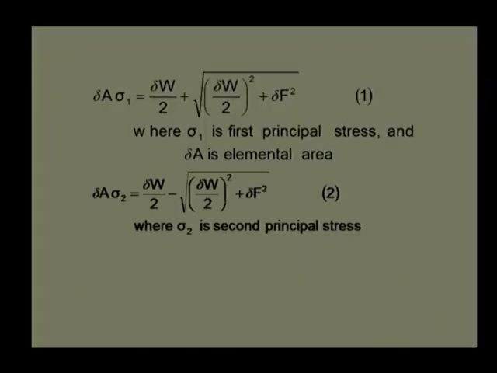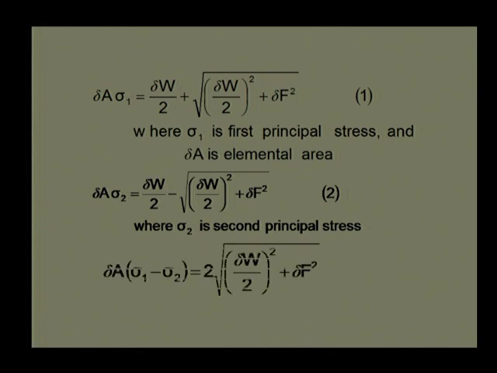Now, if I use the expression sigma 1 with a plus sign and sigma 2 with a minus sign, I will get a relation something like this, and we know very well if we subtract expression 2 from expression 1, I will get the difference in principal stress, and that should be the minimum yield strength of the material which is supporting that kind of load, or supporting the W load. So, we subtract and we get an expression something like this.